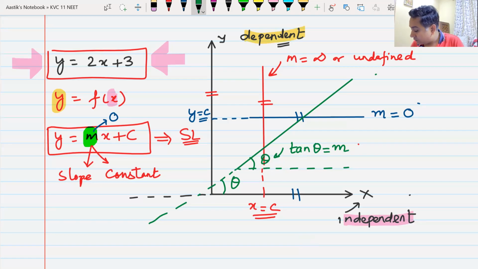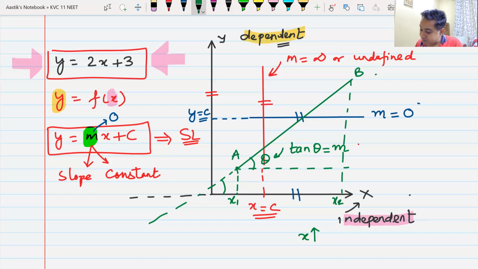Now, if I go, let us say, from this point A to B, from A to B, the value of x is increasing, yes or no? What is happening to the value of y? Let us say the value of x here is x1, and the value of x here is x2.